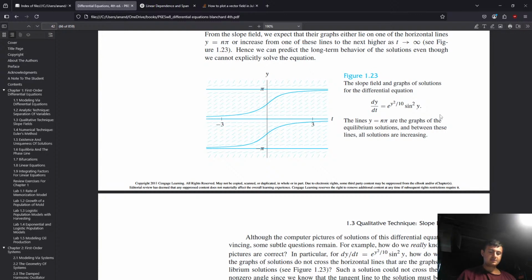Using slope fields instead of analytic methods for y dot equals exp y squared over 10 times sine of y squared.